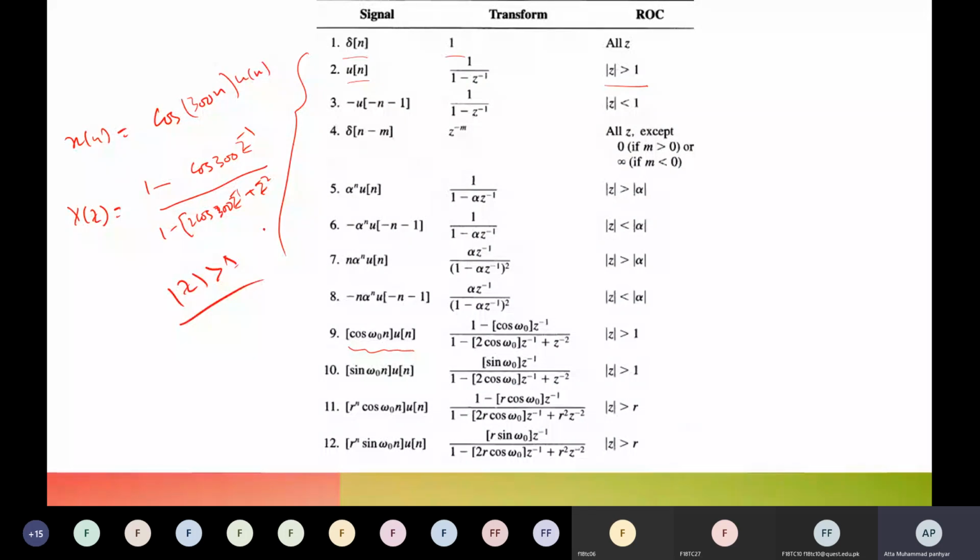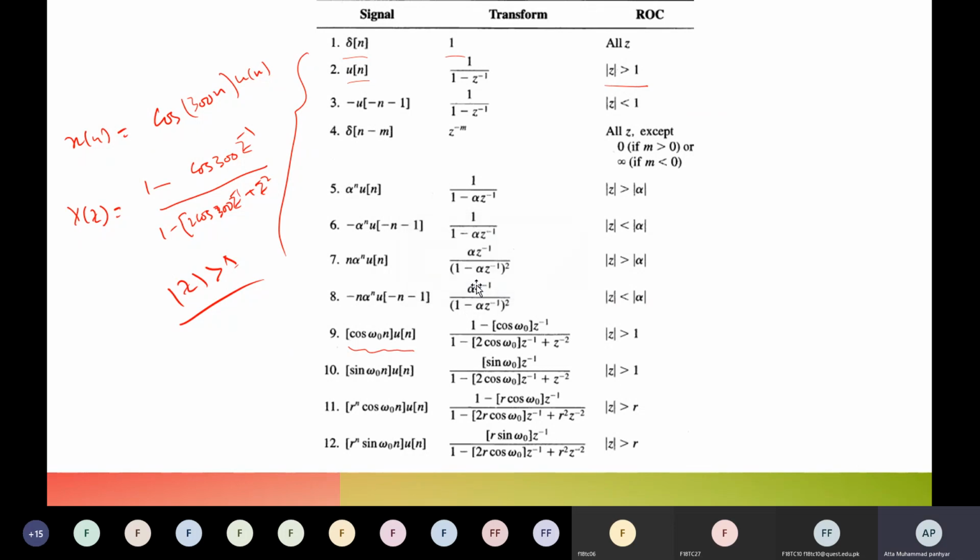That is the region of convergence. So if you have this table with you, then you can save a lot of effort. That makes your life easier. Okay, so that's it.